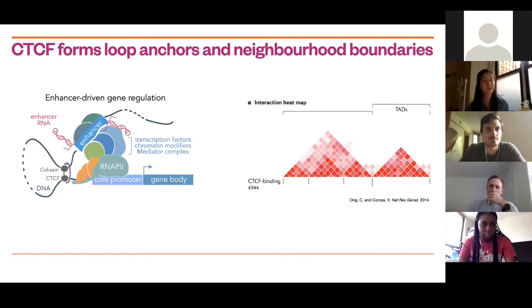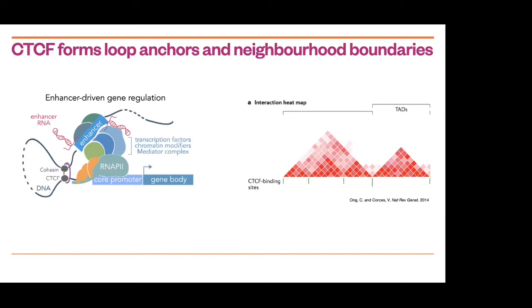CTCF is also found at the boundaries of these giant interaction neighborhoods. First, it makes up the coordinates of the actual interaction neighborhood, and it insulates this neighborhood from interacting with other parts of the genome.